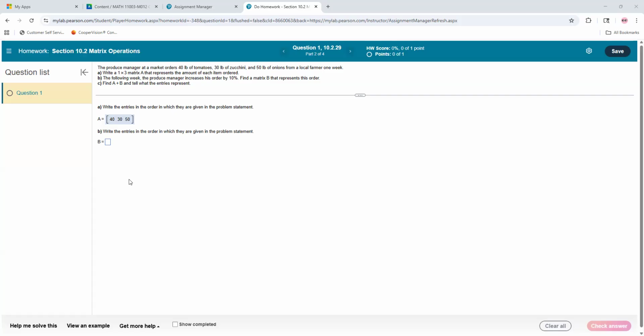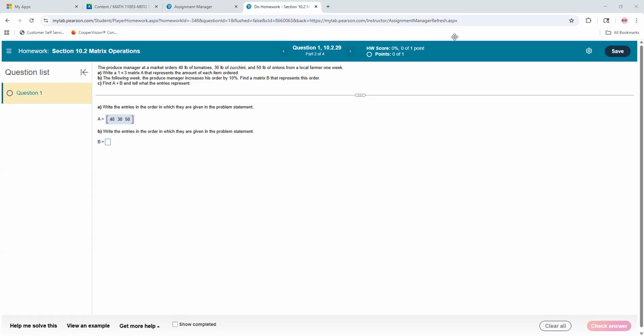So find the matrix B that represents this order. So it's going to be the same three entries.